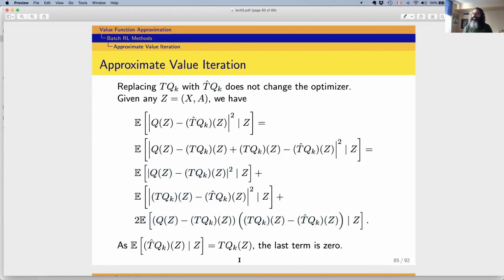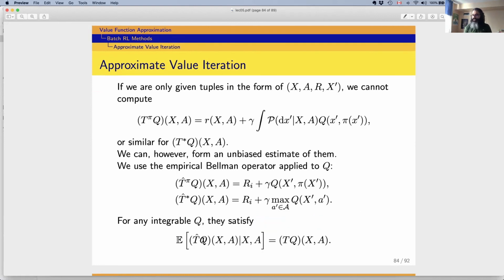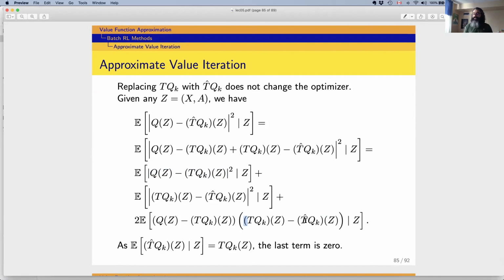The last term is 0 for exactly the same reason, because we take the expectation and move the conditional expectation inside. We would have the conditional expectation of T hat Q_k(Z), which would be exactly equal to TQ_k, which makes this whole parenthesis equal to 0. So this third term, the inner product term, becomes 0.